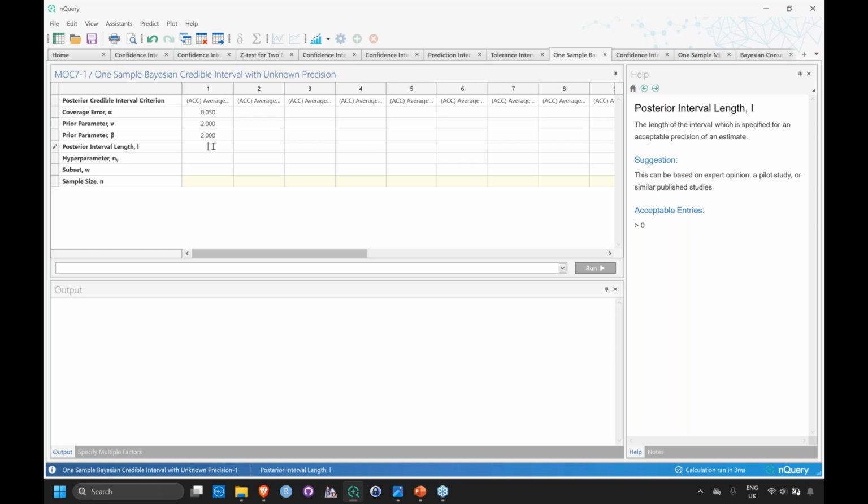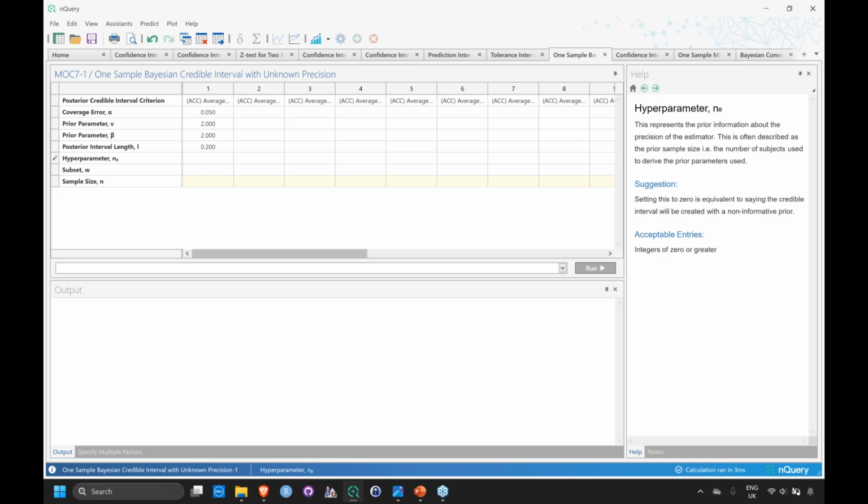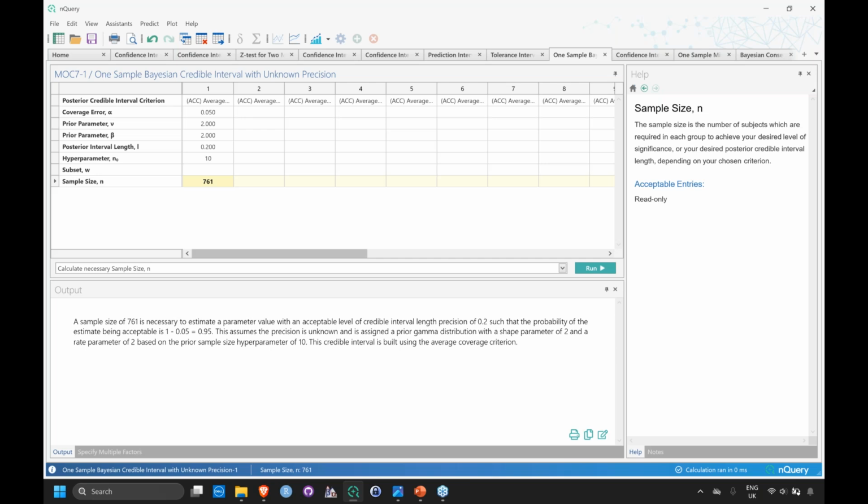The interval length of the credible interval is 0.2, and the hyperparameter, or our prior sample size, is 10. It's quite small, and you'd expect the required sample size to decrease as this increases. The subset is only required for the worst outcome criterion, so we should get our sample size now, of 761.